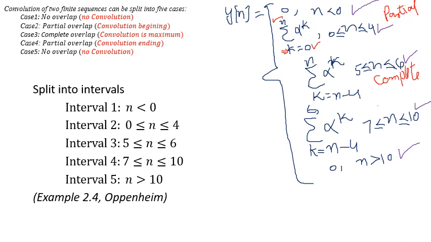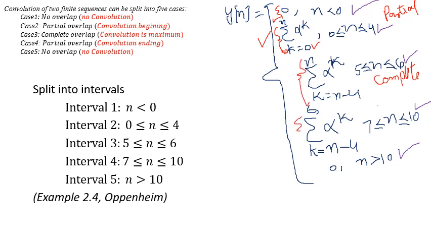So we call this the first interval, which is 0. Then we have the second interval, which is partial. Then we have the third interval, which has the complete overlap.